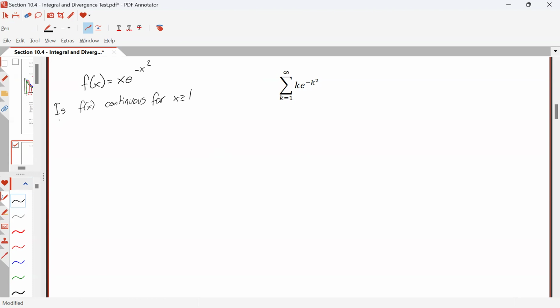Or maybe some other number if it's not from one on. Is f of x positive for x greater than or equal to 1? And is f of x decreasing?